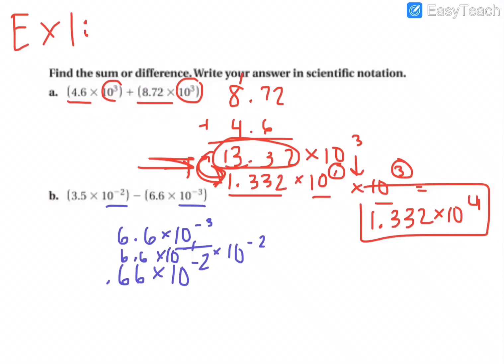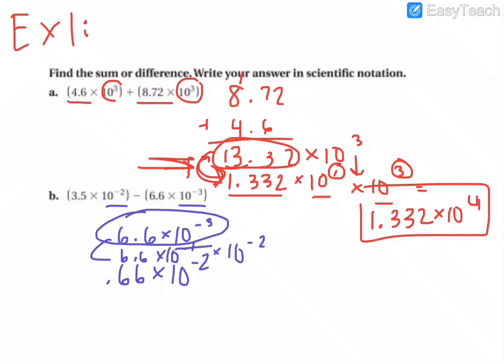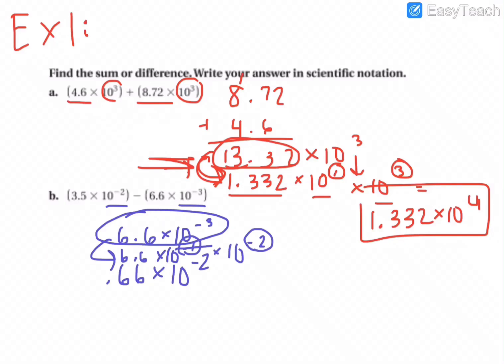So basically all I'm doing is rewriting this like this. I am separating the exponents as the negative 1 and the negative 2 to make up that negative 3, because as we all know, negative 1 plus negative 2 equals negative 3.